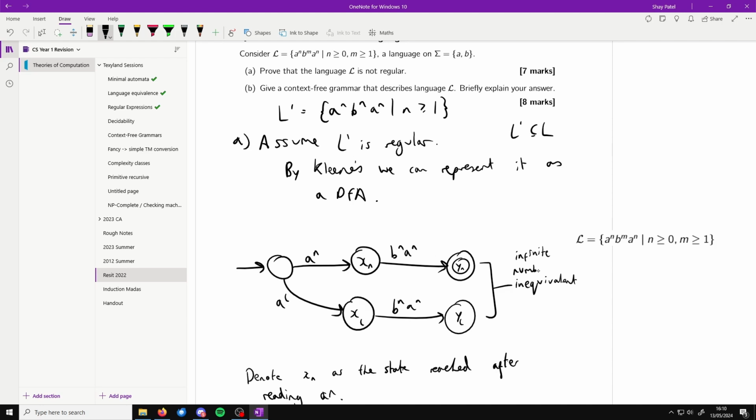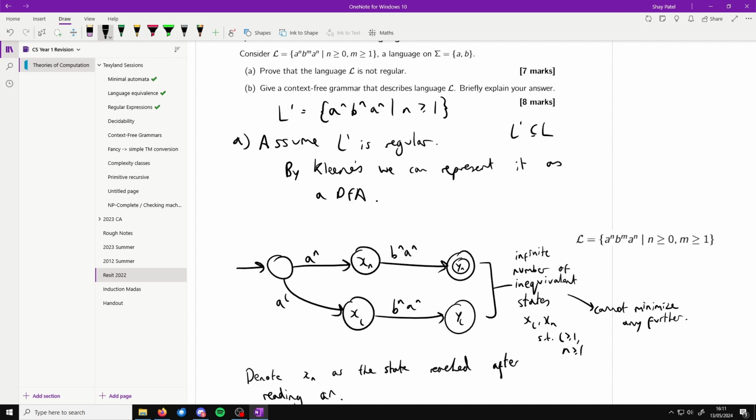And so we can essentially not minimize this DFA any further, and because of that, we have infinite, or countably many, states xn and xL, where n and L are both bigger than or equal to 1, because we can't say that 1 is more than or equal to 0 and have that work.